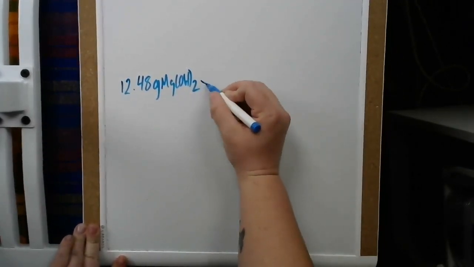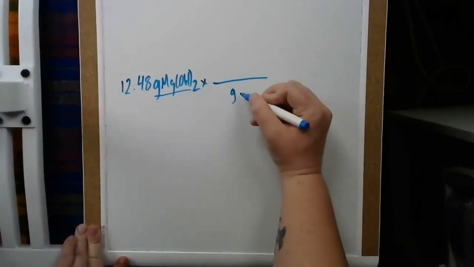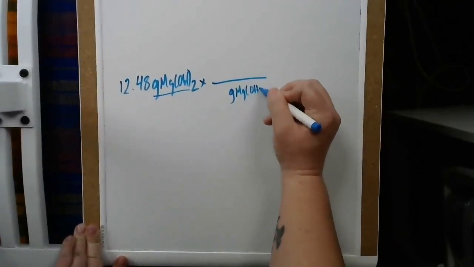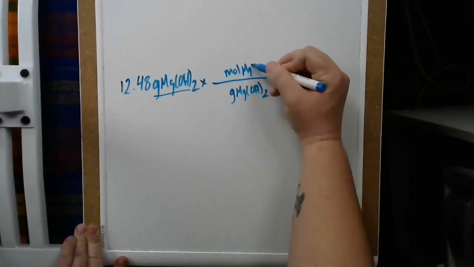All right, so if we're drawing out like our conversion factor chain here, we're relating magnesium hydroxide and ammonia now, right? So the first thing you have to do is go from grams of Mg(OH)2 to moles of Mg(OH)2.